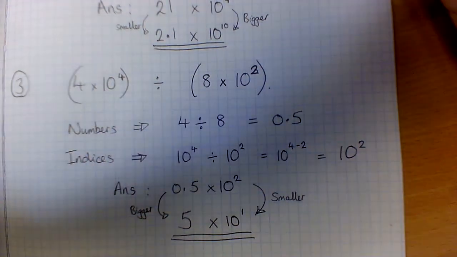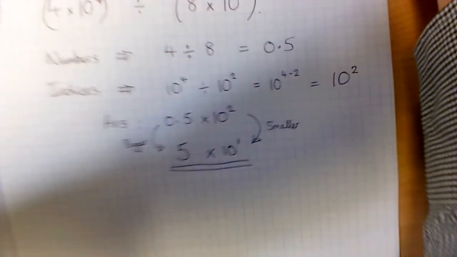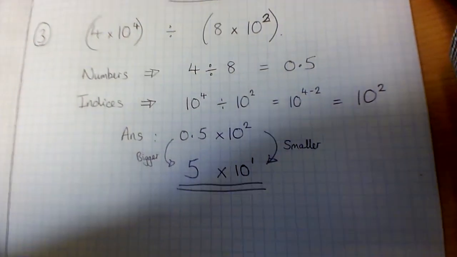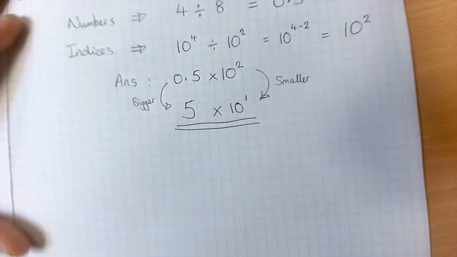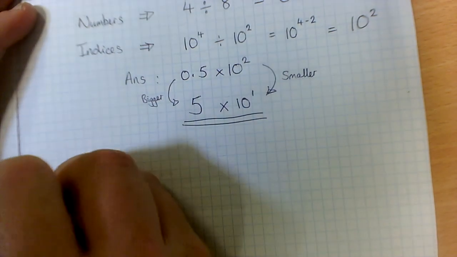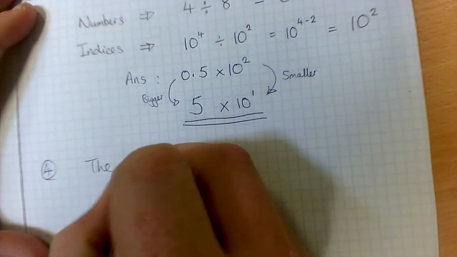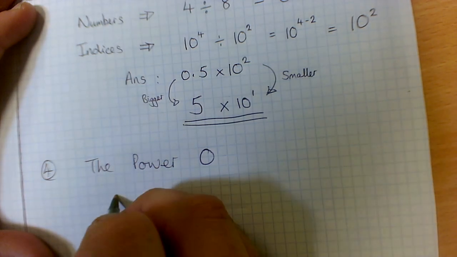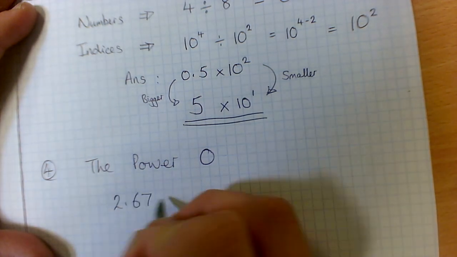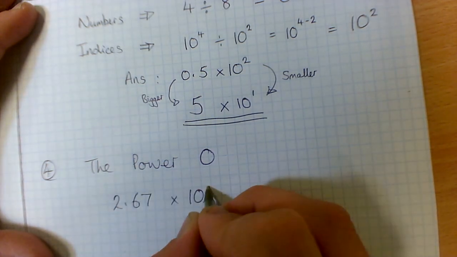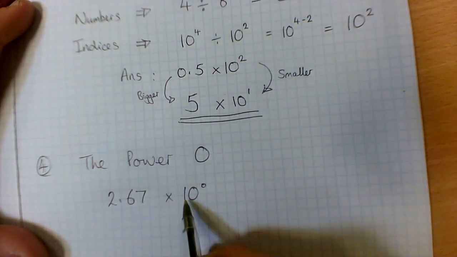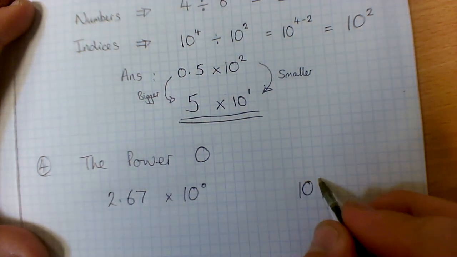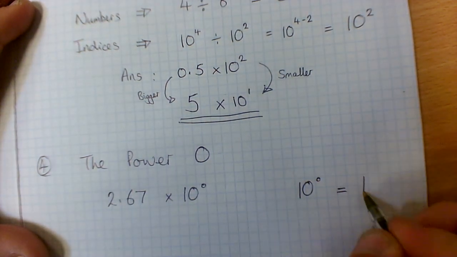Now finally, the special case is about the power 0. If I had 2.67 times 10 to the power 0. 10 to the power 0 equals 1.